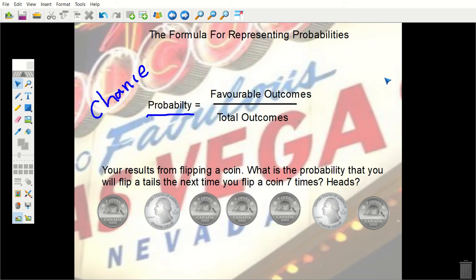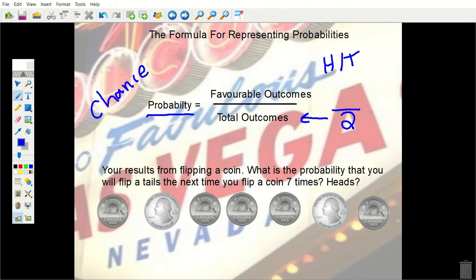For instance, if we were to flip a coin right here, we have all our coins down here. If we were to flip that coin, the total outcomes on one coin, there are heads or there are tails. So therefore, there are two total outcomes on a coin.